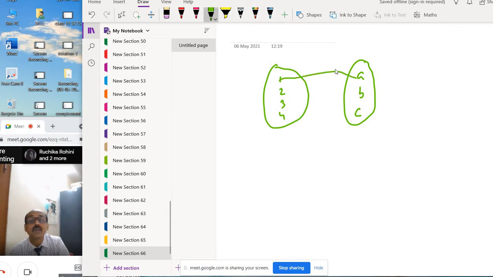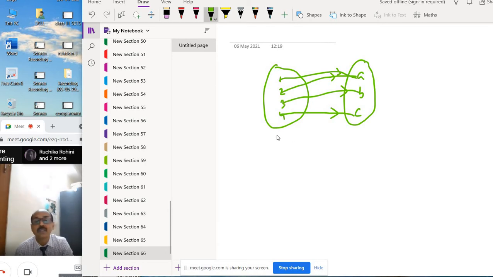Image of 1 is A and image of 2 is also A. And then image of 3 is B, and image of 4 is C. See, two elements 1 and 2.